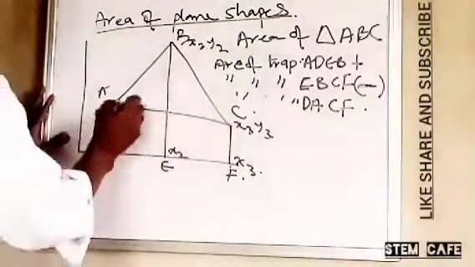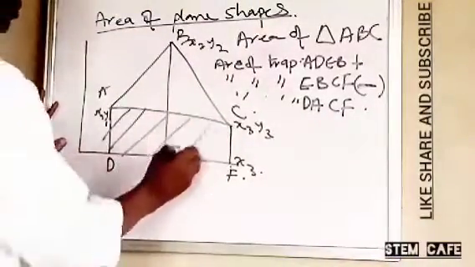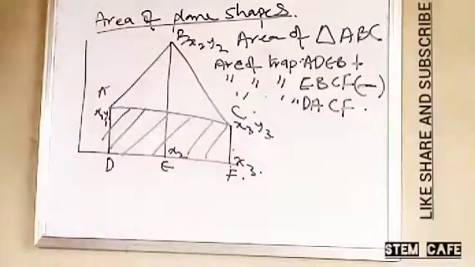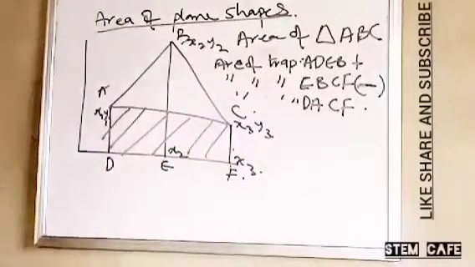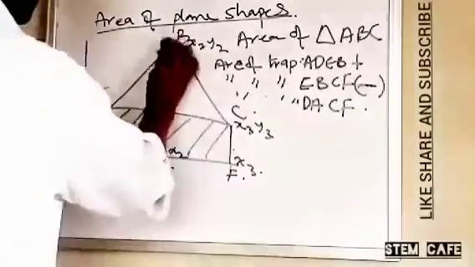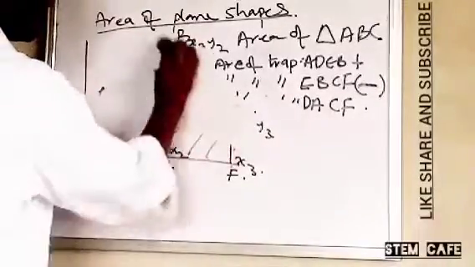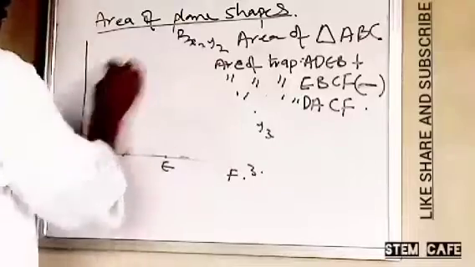You subtract this one from these other ones. I can also have the triangle in this shape.